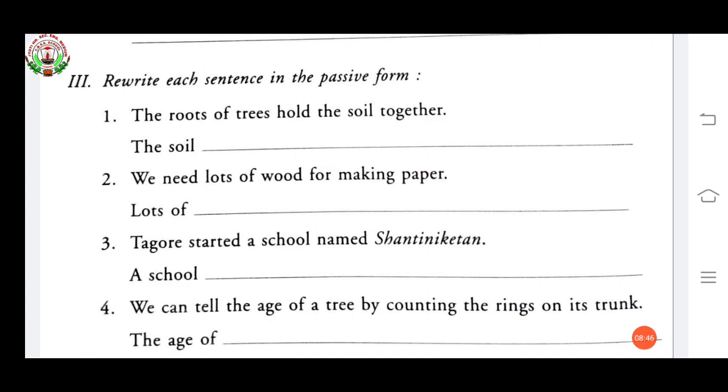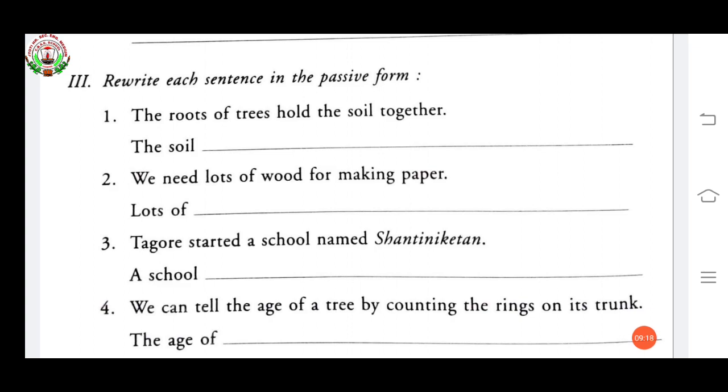Active means when the subject comes first and after that the action comes. Subject means the person or any thing who does the action, and action is the verb, what the person did in the sentence. So in active voice, subject comes first and after that action.